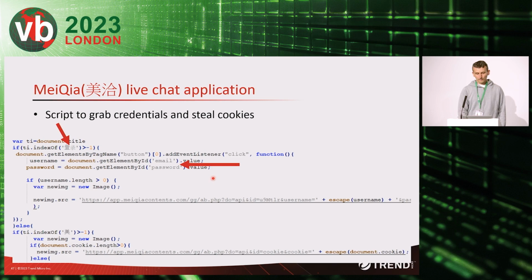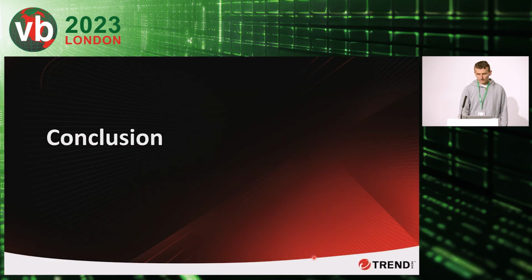If they are found, their values are put into the username and password values, and later exfiltrated to a domain controlled by the threat actor. The same thing is done for cookies. Through document.cookie, the cookies are taken and exfiltrated by this command.